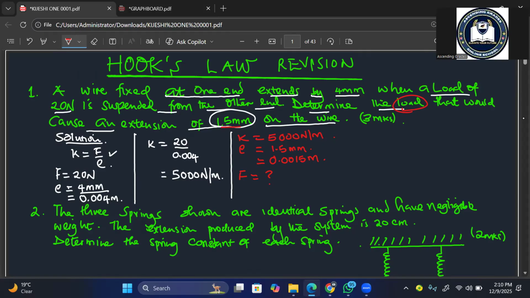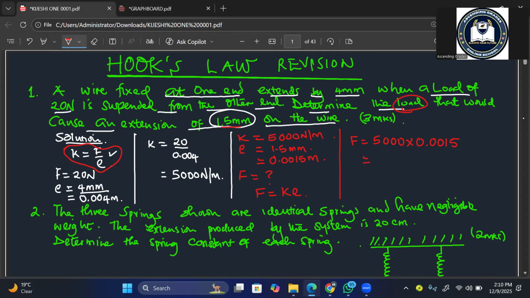So we'll say from this equation, then force can be given by Ke. Where we'll say our force is given by our 5,000 Newton per meter times an extension of 0.0015.